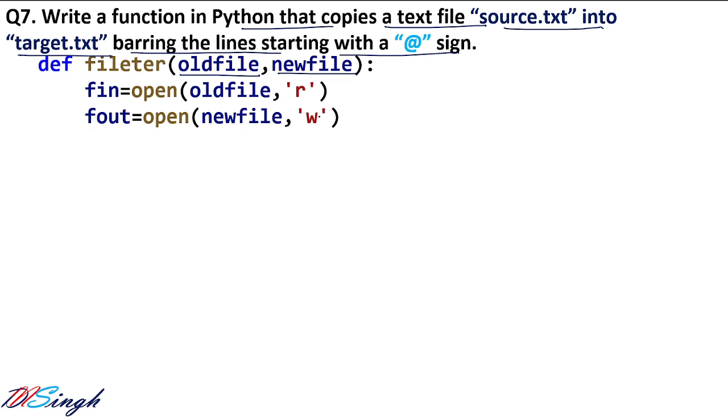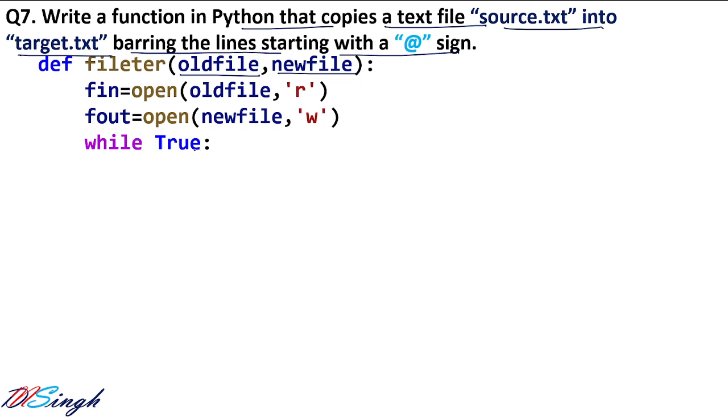So we have two modes here for opening the file, because we want to read the content from one file and check if it is not starting with @, then we will write it. So let us try to read from fn. So while True, this is an infinite loop. Up to what point will it run?